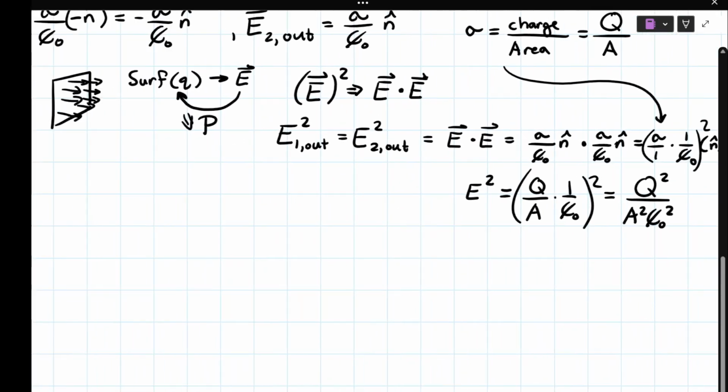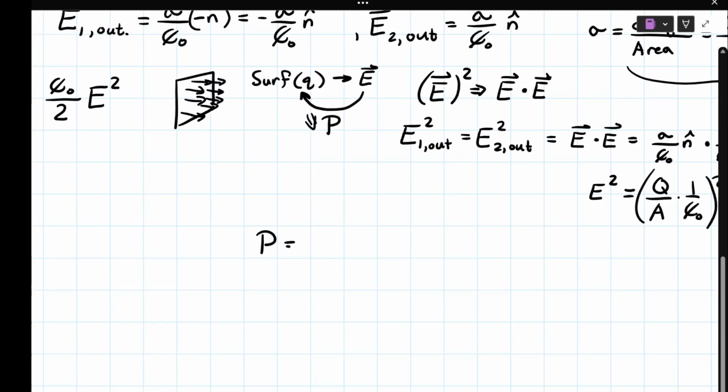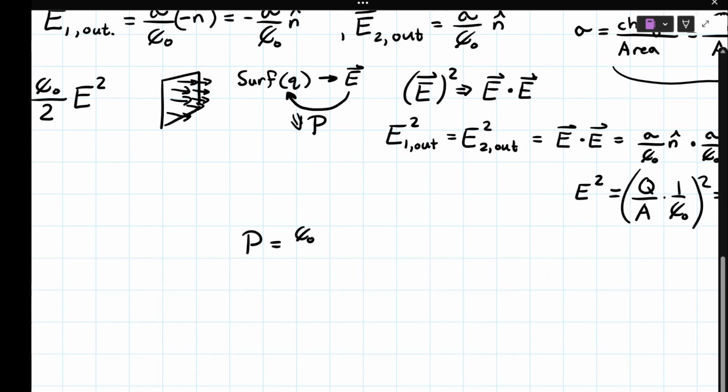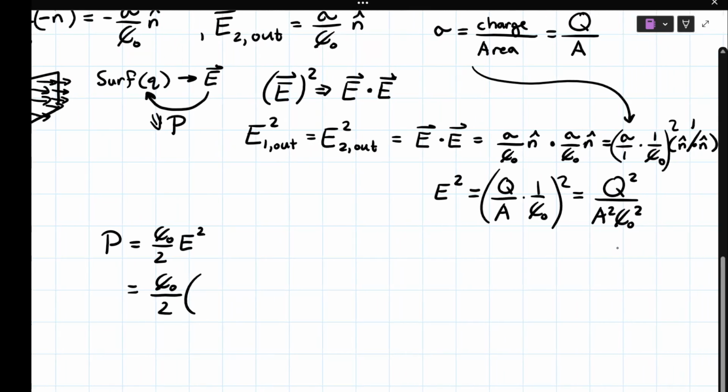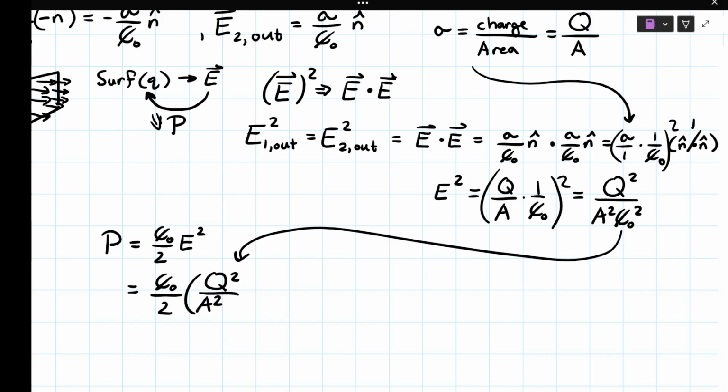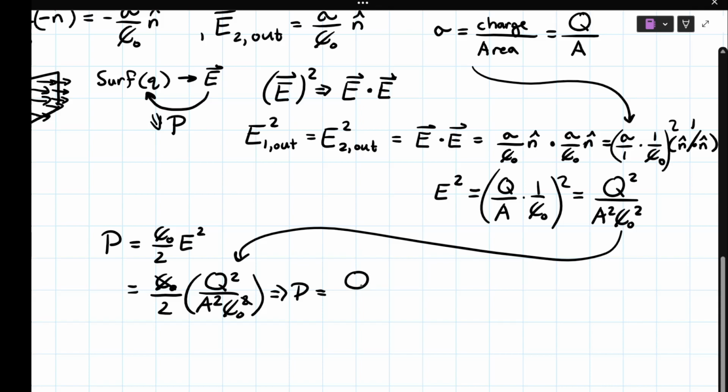Then we plug this right back into our electrostatic pressure formula: pressure is equal to epsilon naught over 2 times E squared, so epsilon naught over 2 times Q squared over A squared epsilon naught squared. The only thing that changes is that an epsilon naught goes away, and we end up with an electrostatic pressure equal to Q squared over 2A squared epsilon naught.